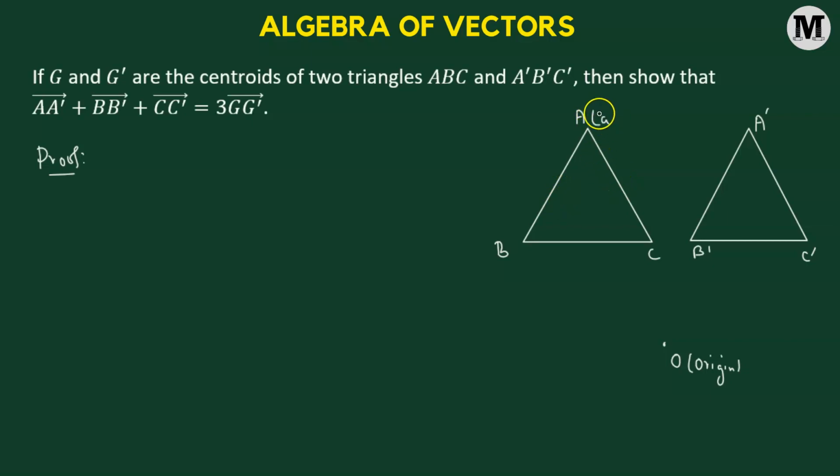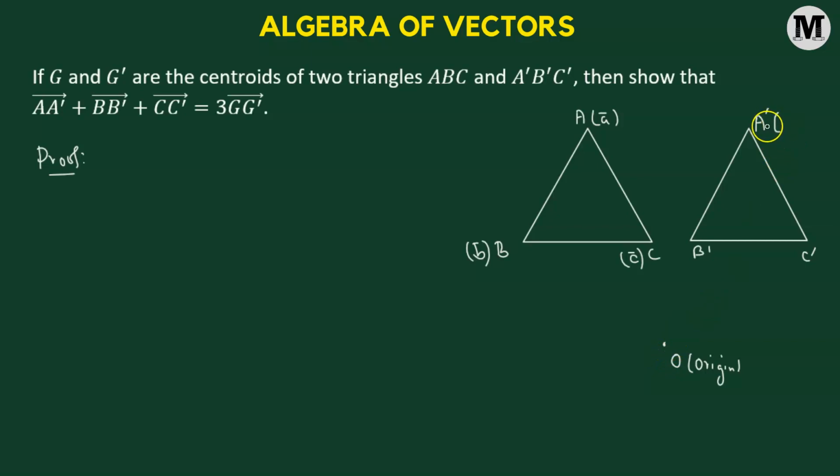So we'll suppose that the position vector of A of ABC is defined by the vector A. The position vector of vertex B, let it be defined with B vector, and the position vector of vertex C is defined by the vector C. Similarly, we can define the position vectors of the triangle A prime, B prime, C prime with respect to that origin.